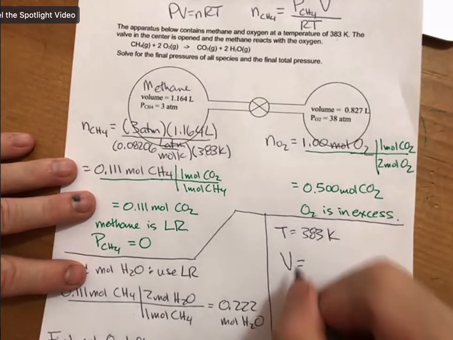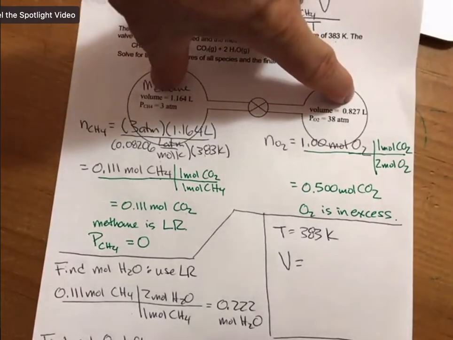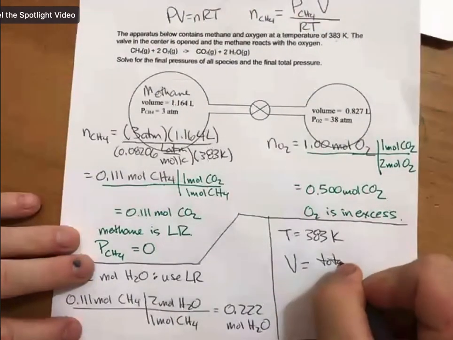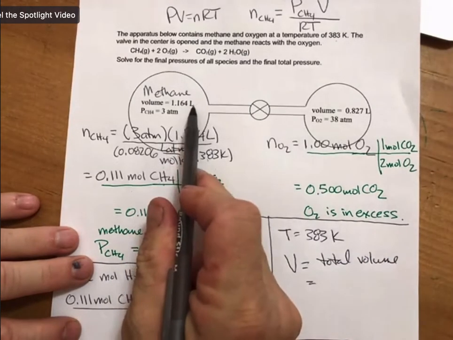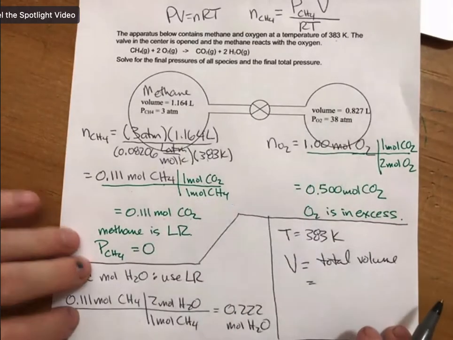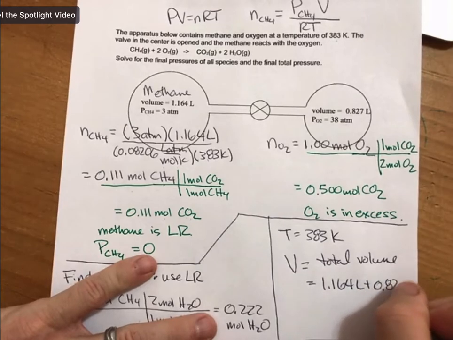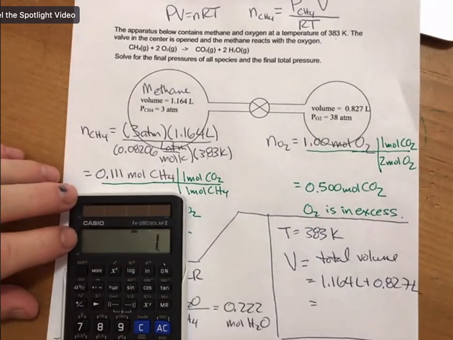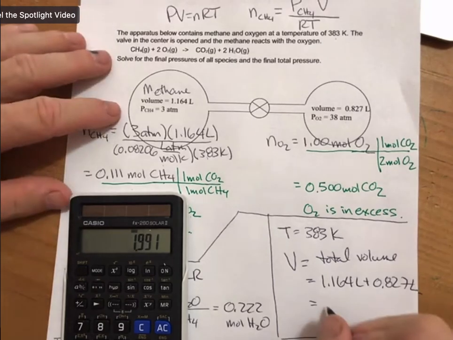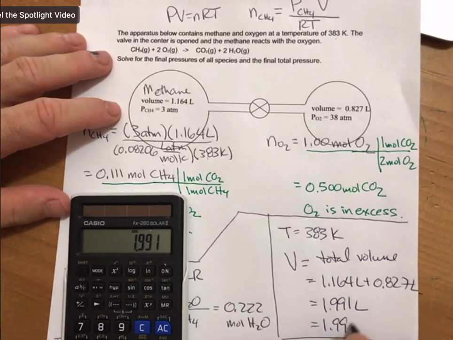And we know that our volume, now that the valve is opened, is the total volume, which is going to be the 1.164 liters plus the 0.827 liters, which is 1.991 or 1.99 to 3 sig figs.